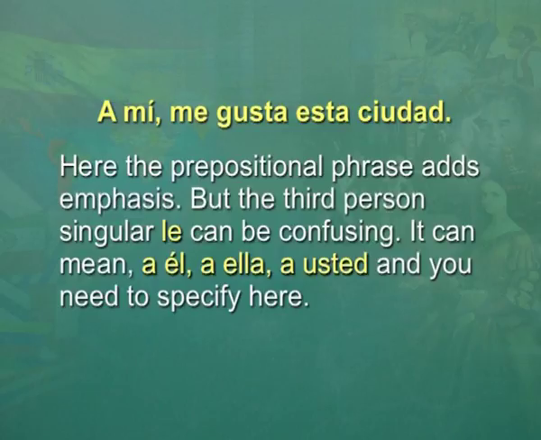But the third person singular le can be confusing. It can mean a él, a ella, a usted, a Juan, a Maria, etc. And therefore, you need to specify here.